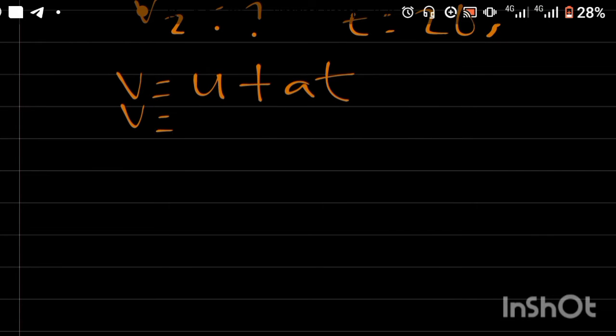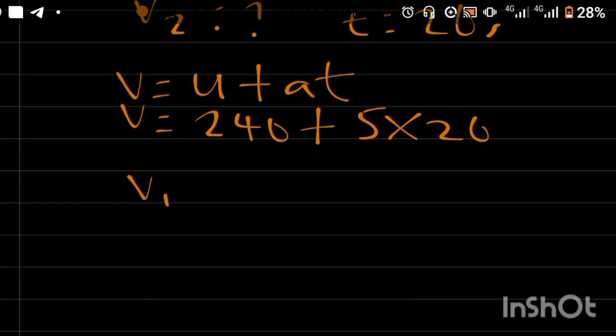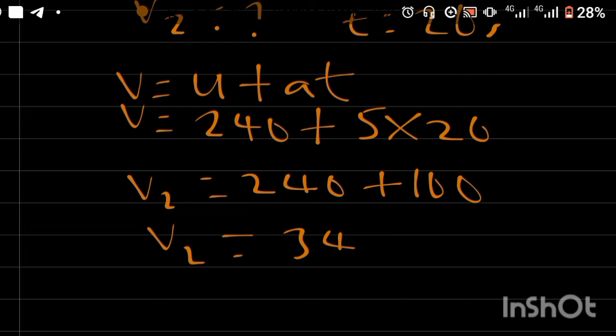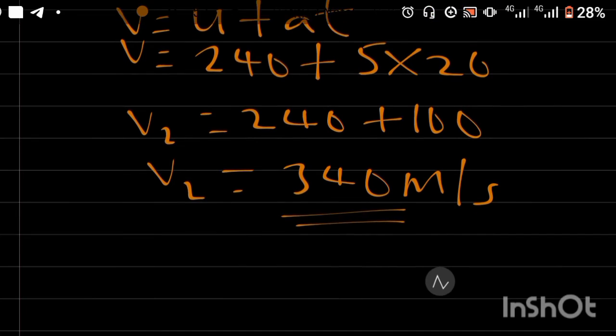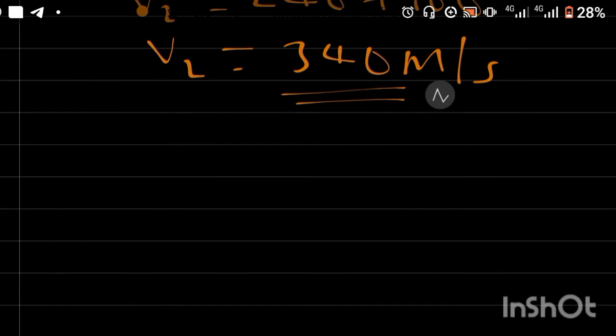Therefore, V is equal to 240 plus 5 times 20. V2 is now equal to 240 plus 100. Therefore, V2 is equal to 340 meter per second. We got the same answer using different methods.